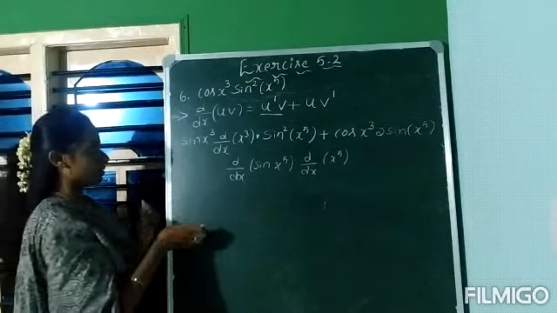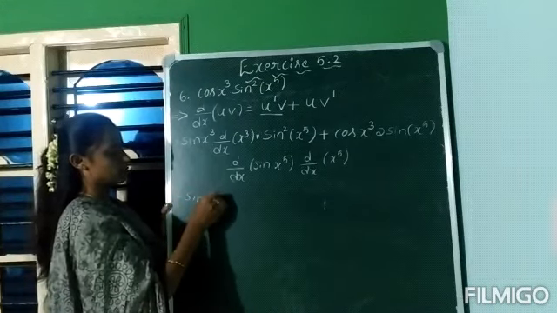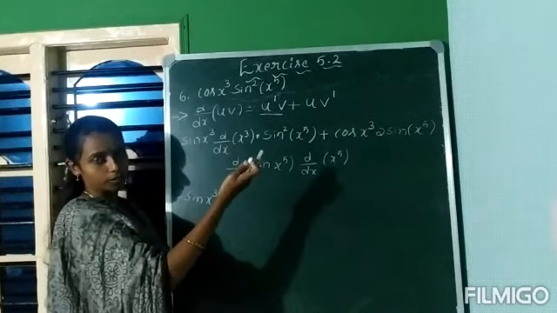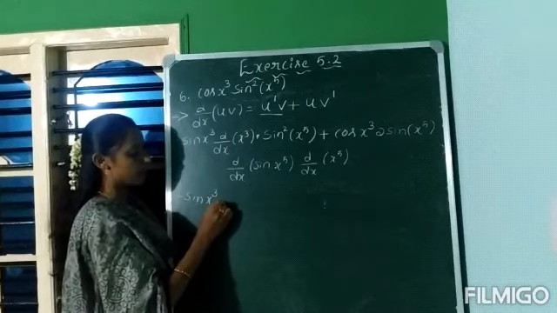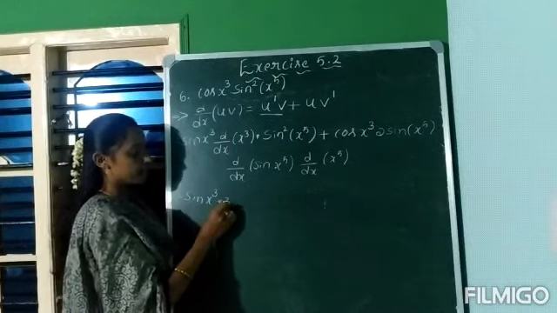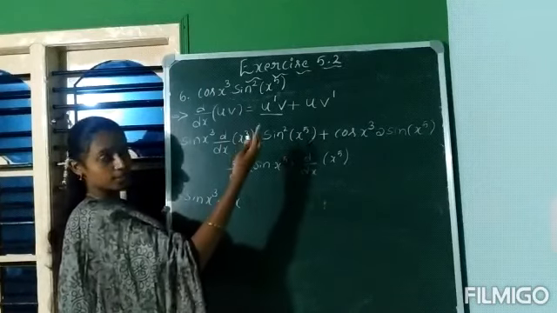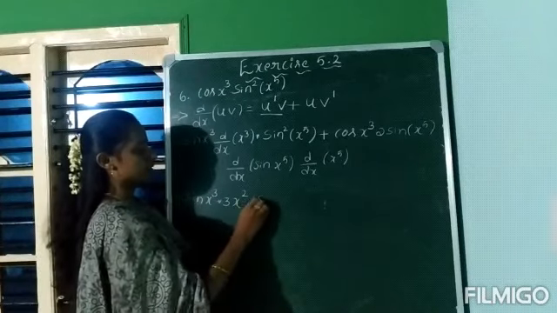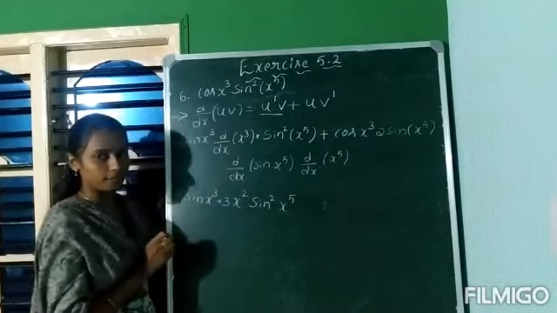Clear? So here is minus sine x cube. The derivative of x cube is 3x square. Is it right? The power comes down like a product and the power decreases by one. As x cube is there, you will get x square. Next is sine square x power 5.